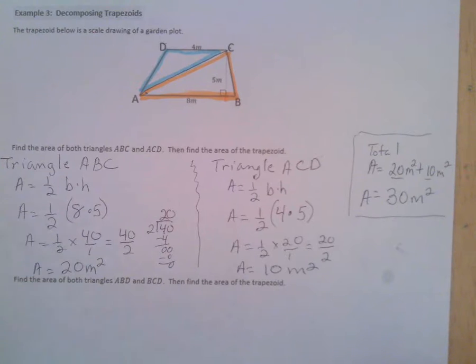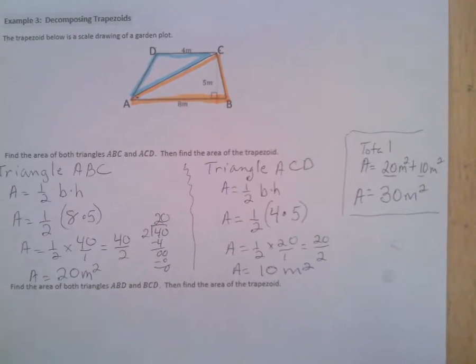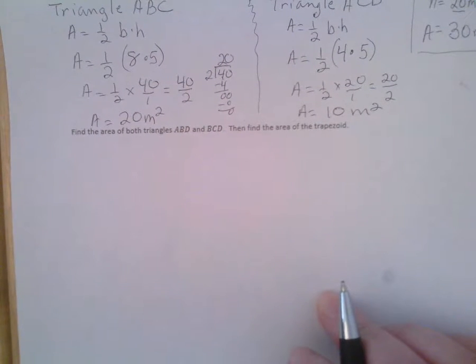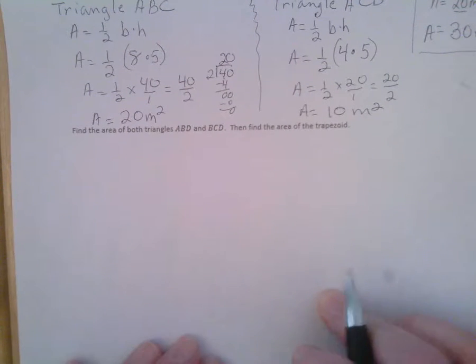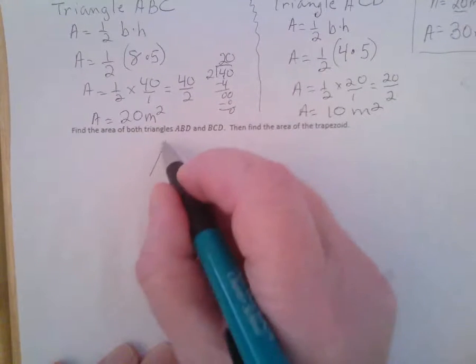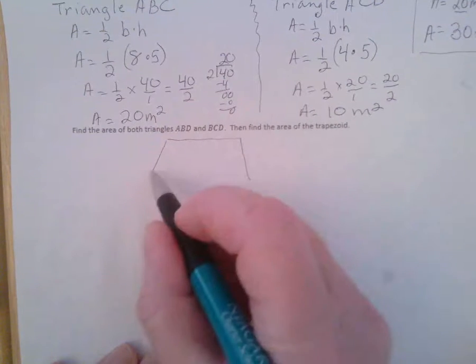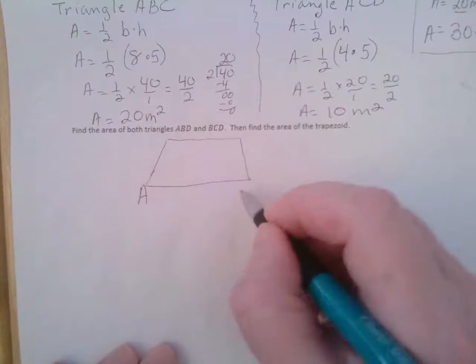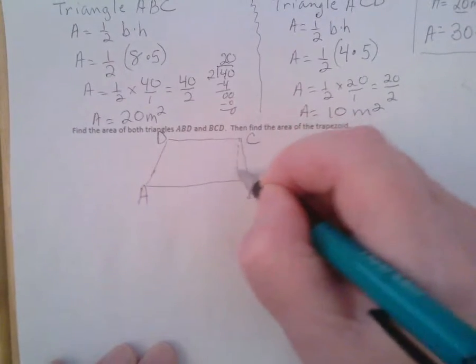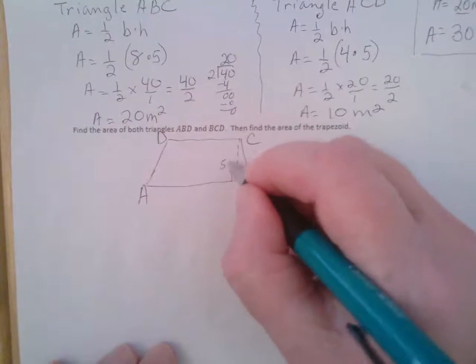Okay, now if we go on to letter B. Now they want us to find the area of both triangles, but this time we're putting our diagonal on B and D. So if I were to just quickly do a rough copy of the picture, we have A, B, C, and D. And don't forget our height here was 5.